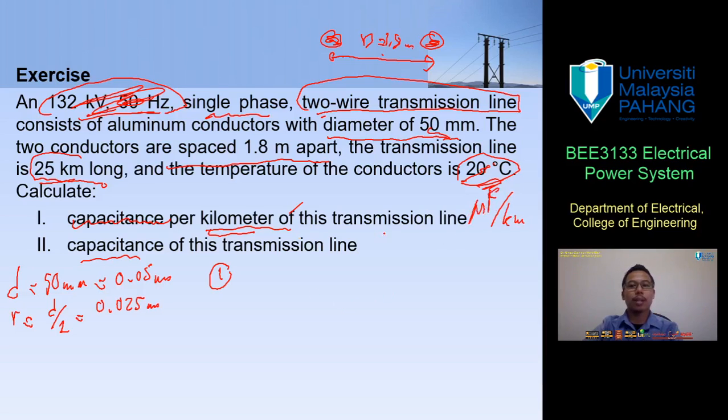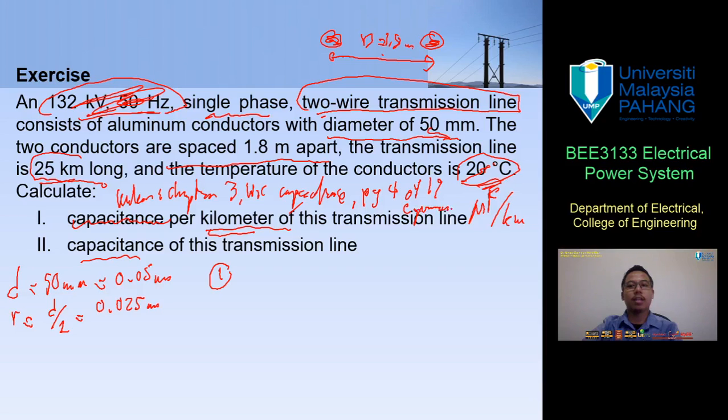You can turn to the notes in the Word version, Chapter 3, Line Capacitance, page 4 of 19, in the green color.